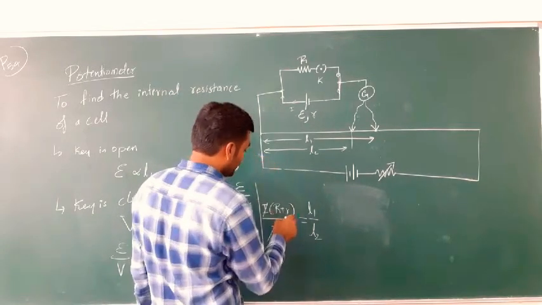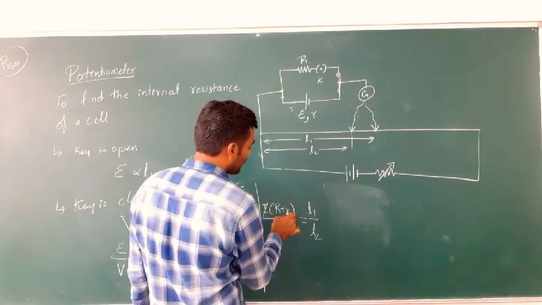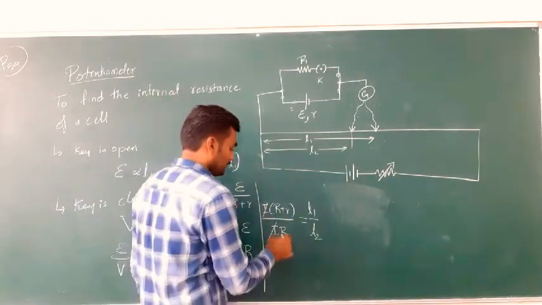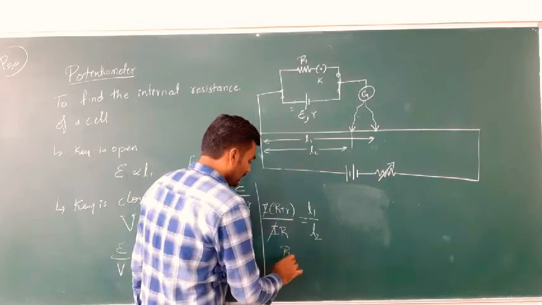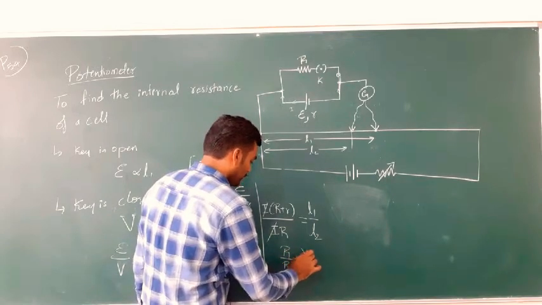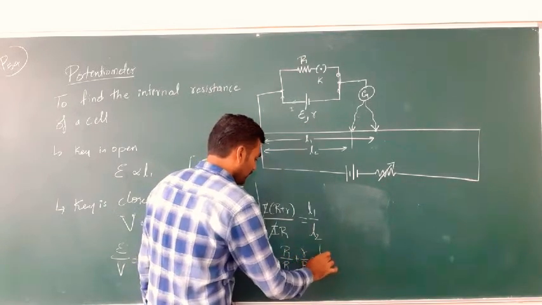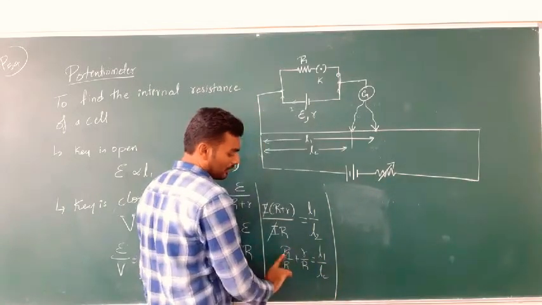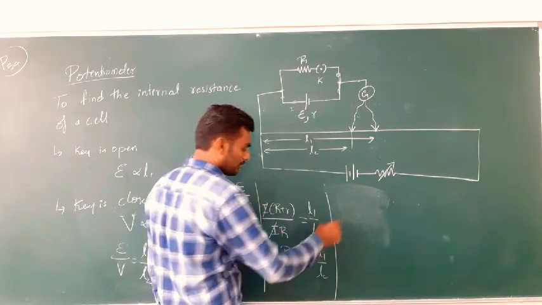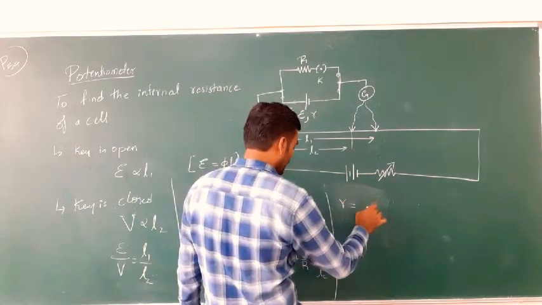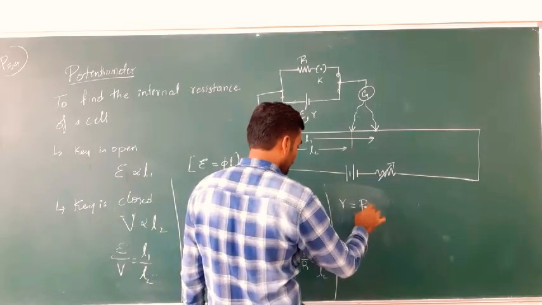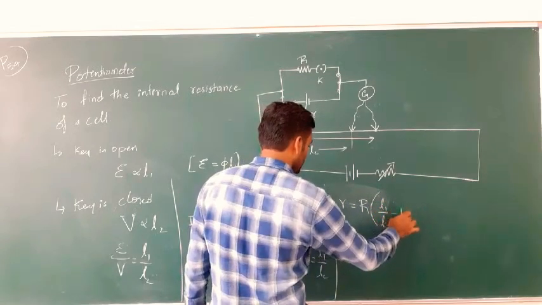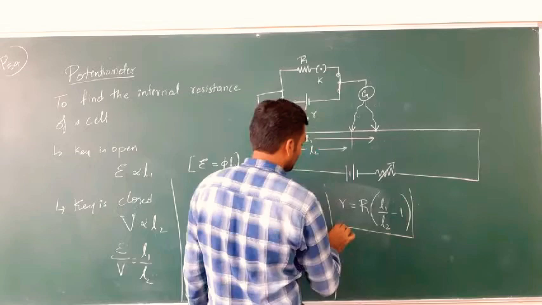What we are interested in is this small r, the internal resistance of the cell. So it is going to be R by R plus small r by R is equal to L1 by L2. This is 1, right? If you send that to the other side, r becomes equal to capital R times (L1 by L2 minus 1). That's it.